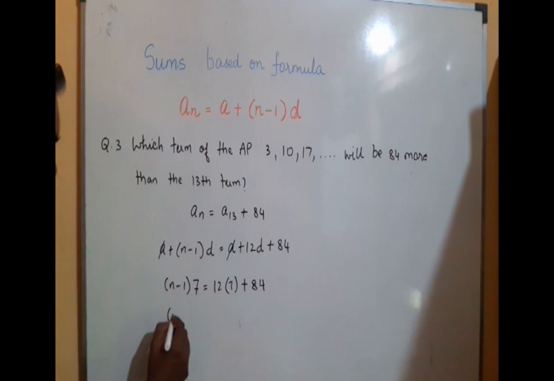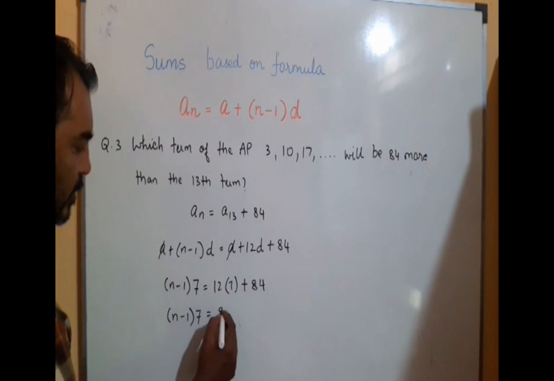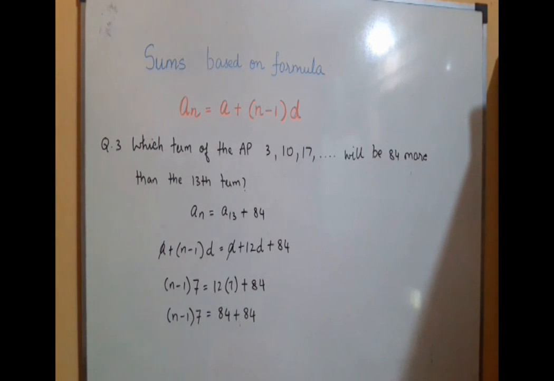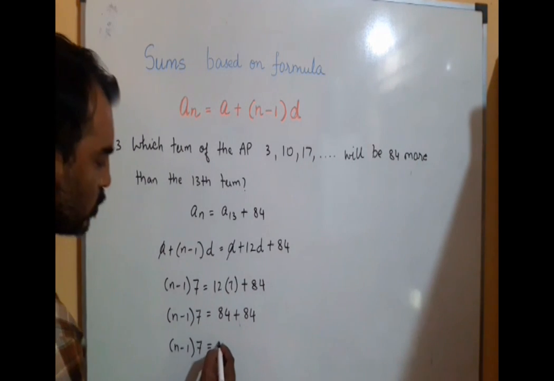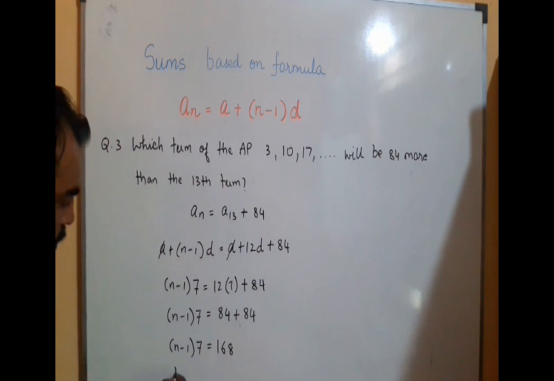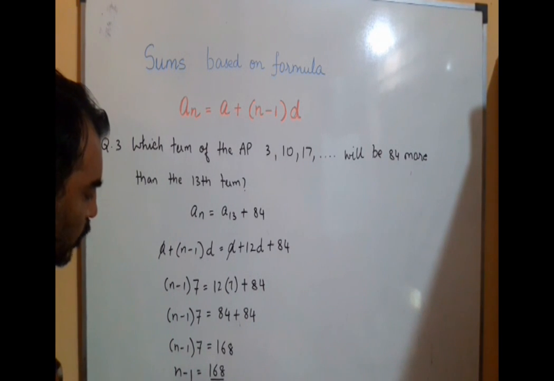So we have n minus 1 into 7, 12 sevens are 84, plus 84. So now we have n minus 1 into 7 equal to 84 plus 84, that is 168. And therefore n minus 1 equal to 168 upon 7.